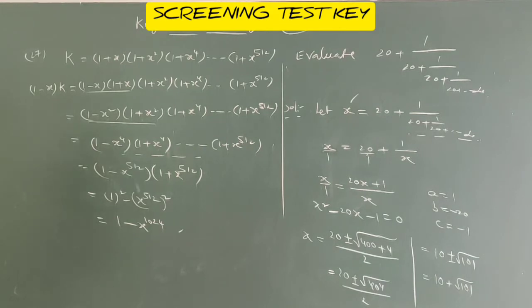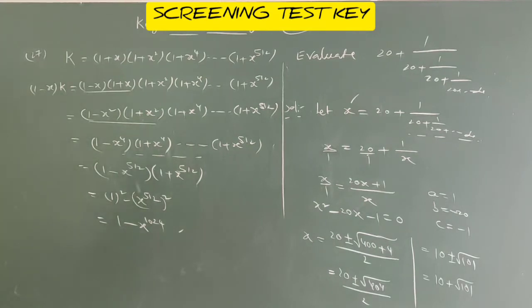Let it be x, x equal to 20 plus 1 by x. Here we got the quadratic x square minus 20x minus 1 equal to 0. With the help of the formula, x equals minus b plus or minus root of b square minus 4ac by 2a, we got 10 plus root 101.